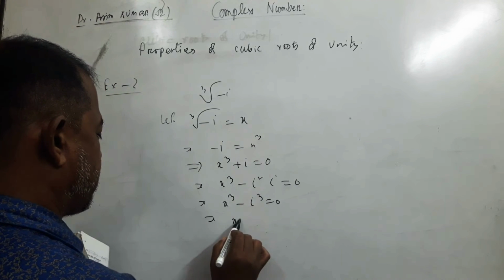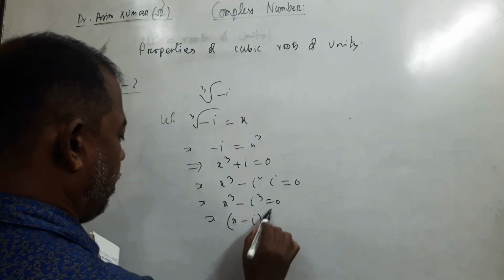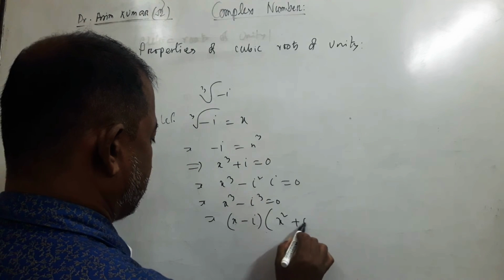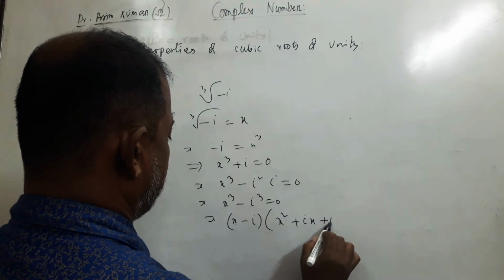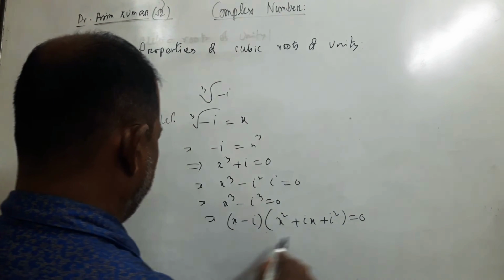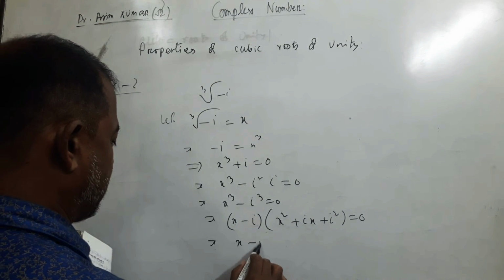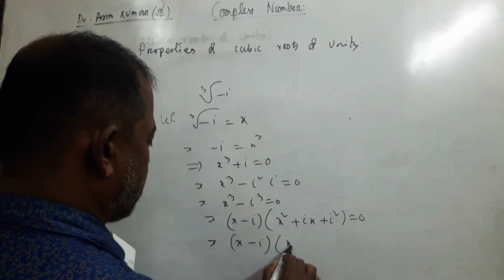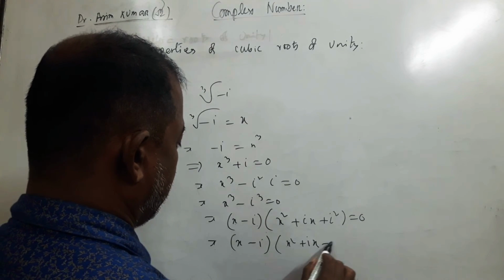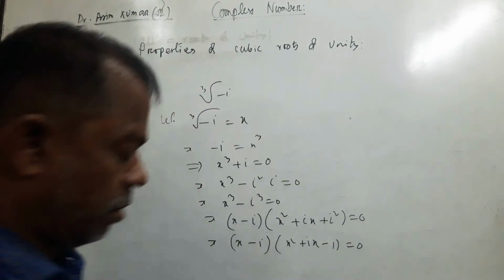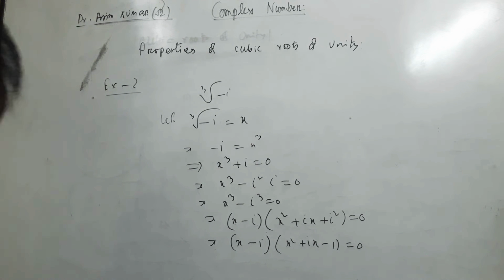That is x minus i into x square plus ix plus i square equal to 0. Right? That is x minus i into x square plus ix minus 1 equal to 0. It's the easiest method, I think.